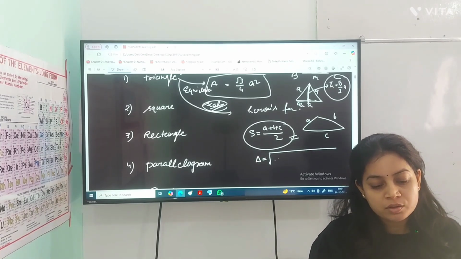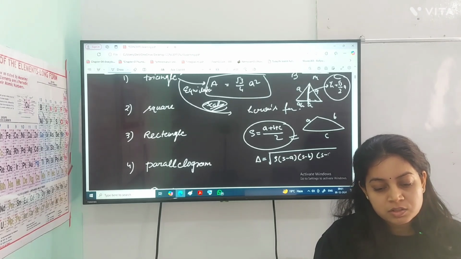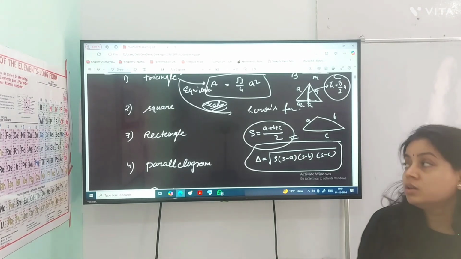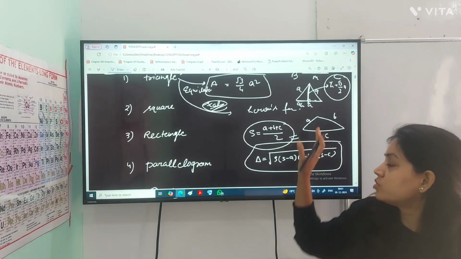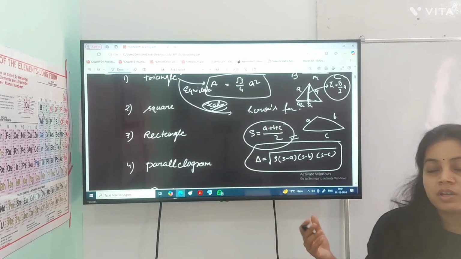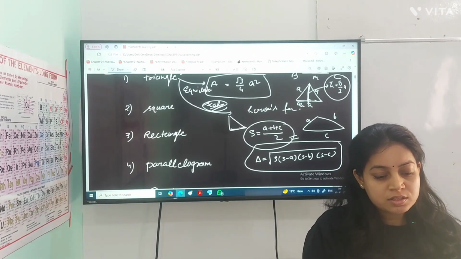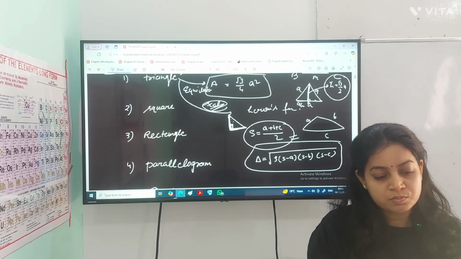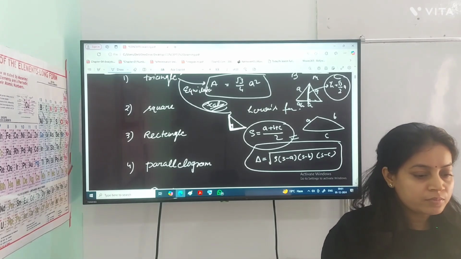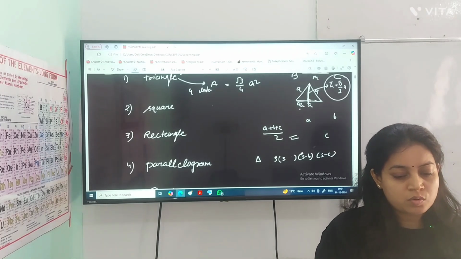Once you have calculated the semi-perimeter, you can calculate the area by using under root of S into S minus A, S minus B, S minus C. This will simply give you the area of the scalene triangle. I think this is all about triangles. You can calculate the area of any triangle. If it is a right angle triangle, in that case, this is the base and this side becomes the height. Okay, so this is all about triangles.